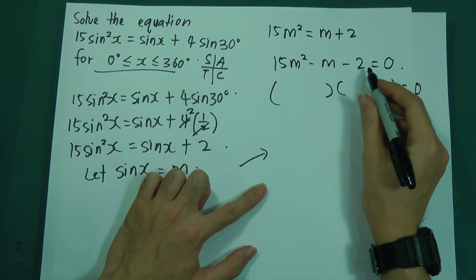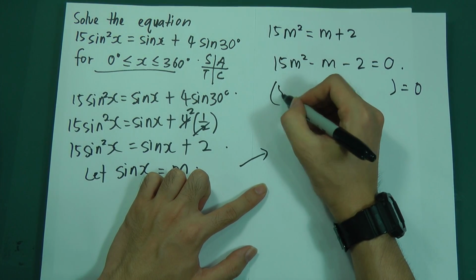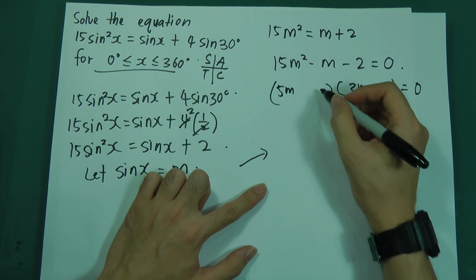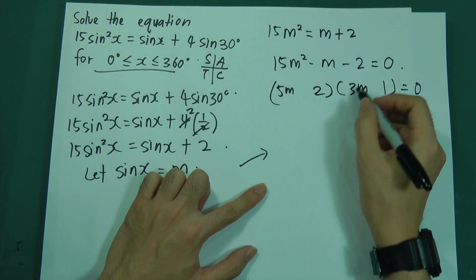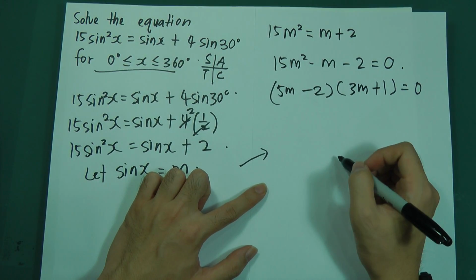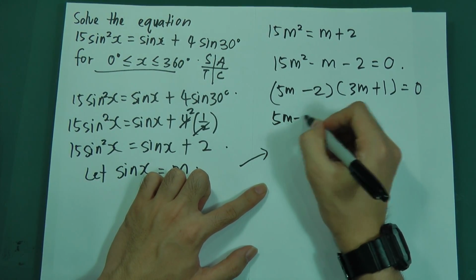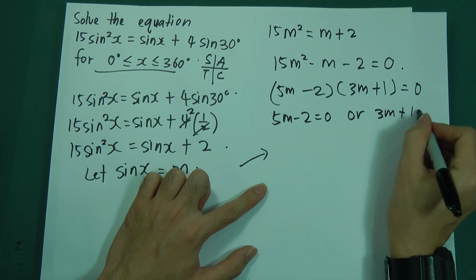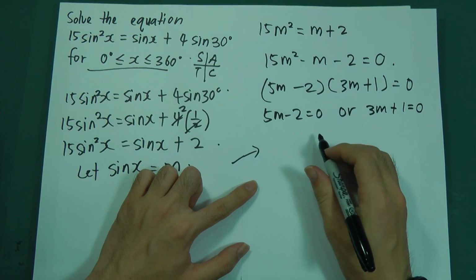So in order to get 2, I can put 5m and 3m, and then for 2 I will use 2 and 1. So here I got 6m and 5m, so it's positive, negative. Over here I will get 5m minus 2 equals 0, or 3m plus 1 equals 0. So I'm going to solve this one quickly.